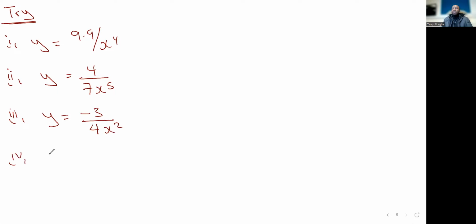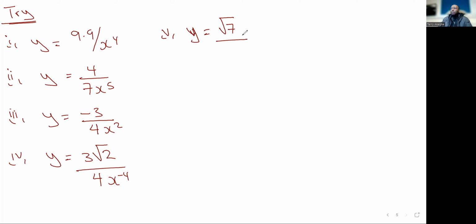And we have y is equal to 3 root 2 divided by 4x minus 4. And let's assume we have y is equal to square root of 7 divided by x raised to the power 4 divided by x raised to the power 2.